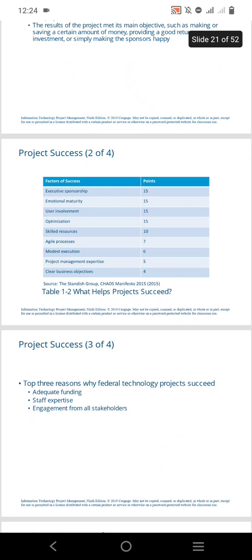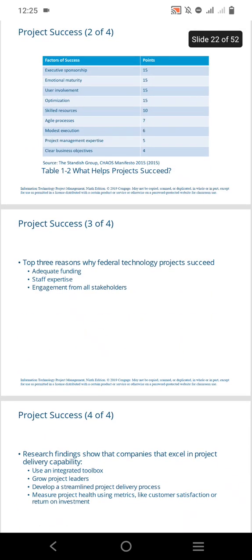So these are the factors of success, and these are what help projects to succeed. The top 3 reasons why federal technology projects succeed is because the project had adequate funding. Projects require a lot of money, so when there is adequate funding, it is one reason why a project will succeed. And then there is staff expertise. Remember we talked about the knowledge areas, there are some competencies.